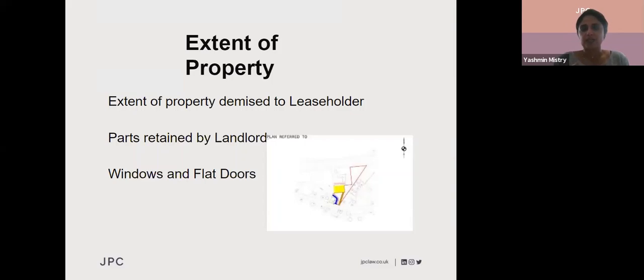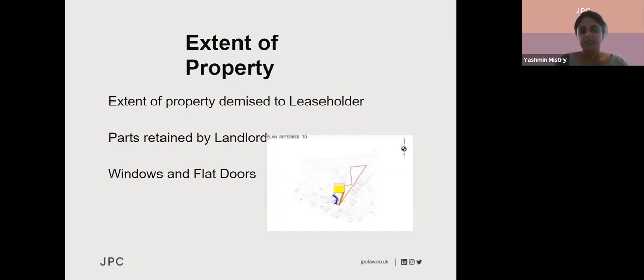Where leases are not particularly clear on the landlord's responsibility for particular parts of the property, one application that's not used very much by property managers or landlords is the ability to apply to the tribunal under section 27.